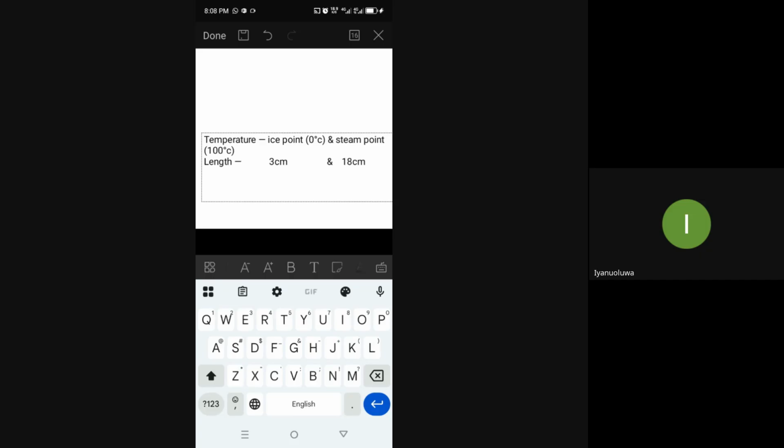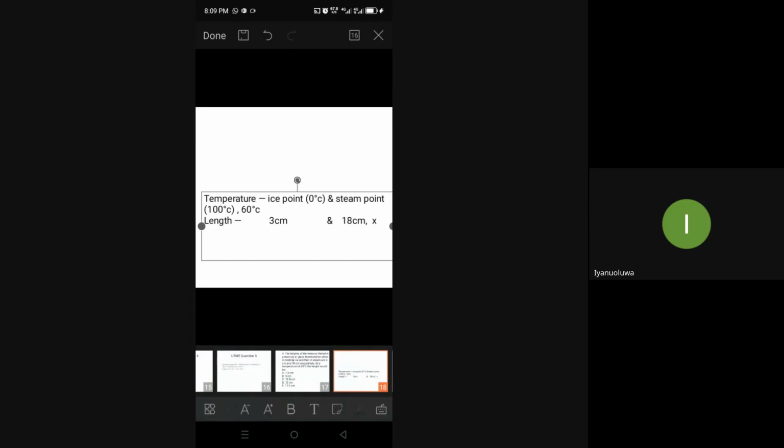So whatever we do with temperature, we are going to do the same with length. Don't forget there is an unknown. We are given a temperature of 60 degrees Celsius, but we don't know the length, which we are asked to calculate for the thermometer. So we can say it is X. Whatever we do with temperature, we are going to do with length.